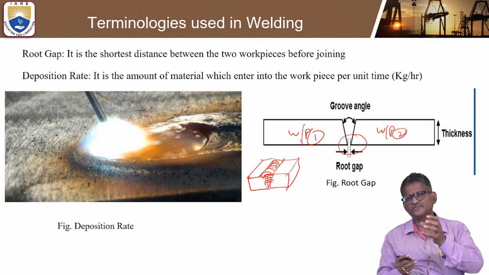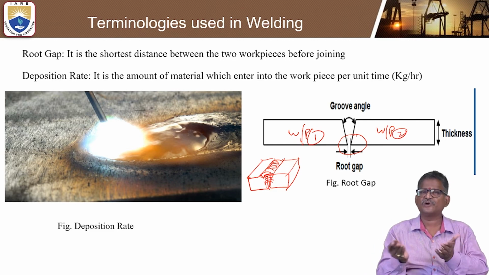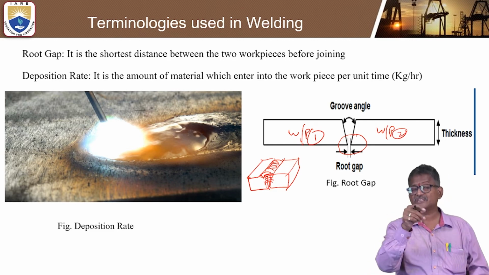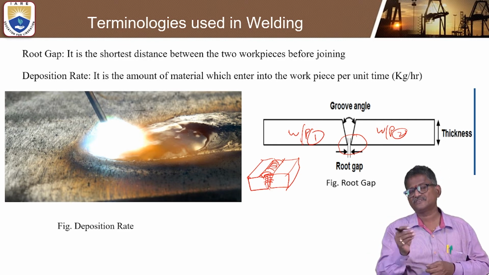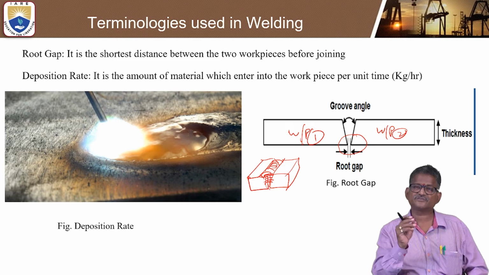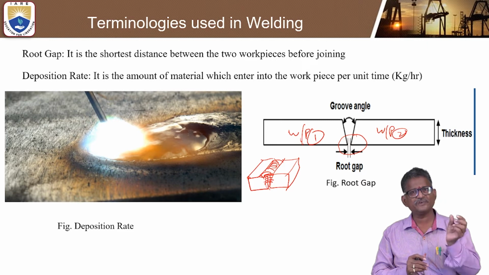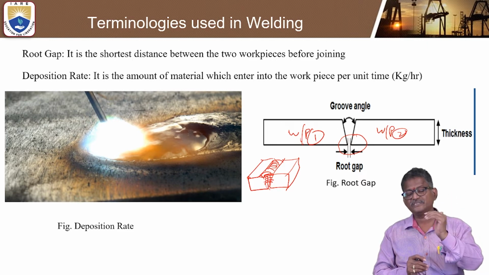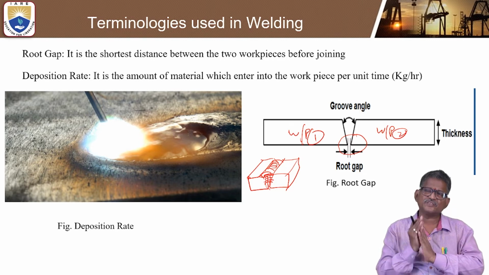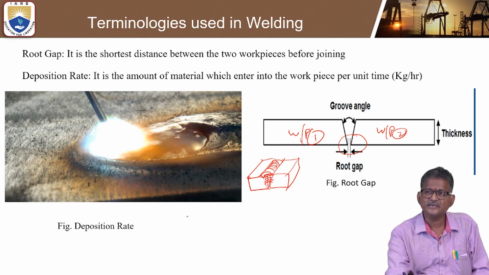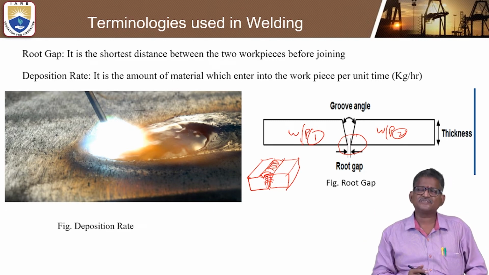Due to that, there is some deposition, and the deposition rate may be slow or fast, depending upon the material and the combination of chemicals added into the workpiece, the filler metal and the flux coating, etc. The deposition rate can be defined as the amount of material which enters into the workpiece per unit time, that is, kg per hour. How many kg of material can be processed per hour?